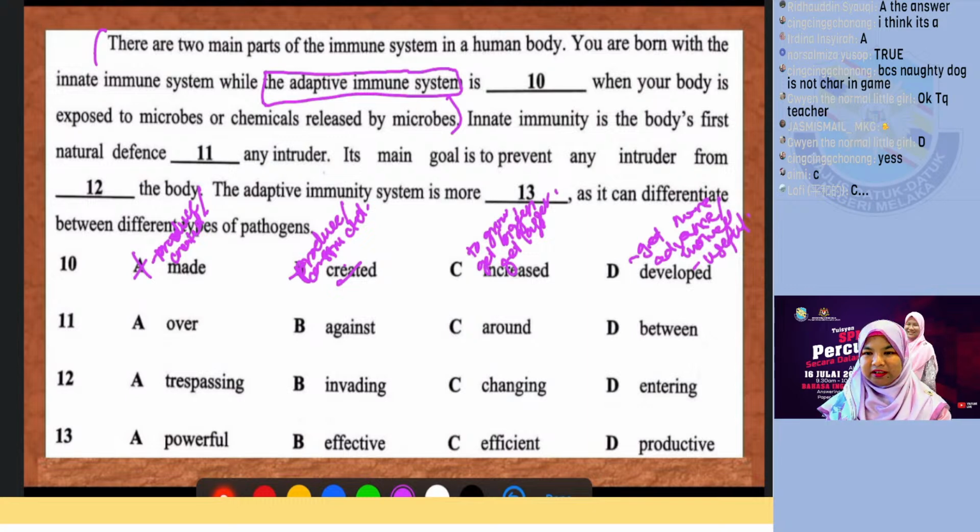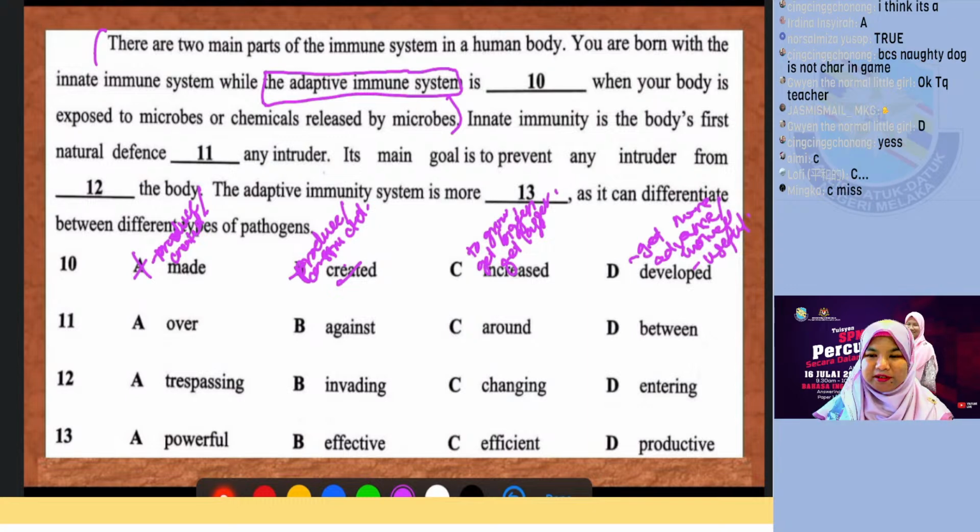The correct answer for number 10 is, Gwendy, Aimi C, Lofi C, Minka C. Here the correct answer is D. It is developed.